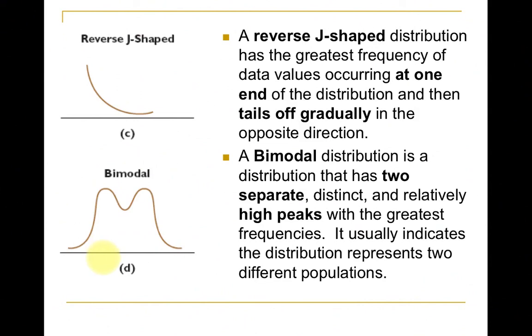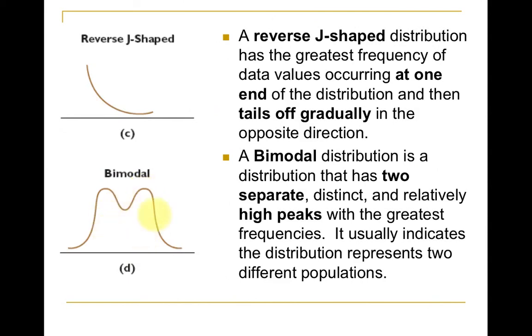male and female heights. Men generally are taller than females in the general population. So if you consider the horizontal axis labeled with heights, maybe 5'6", 5'5" for females would be the highest frequency for females, and then maybe 5'10", 5'11", or 6 foot for males would be the highest frequency of heights for males.